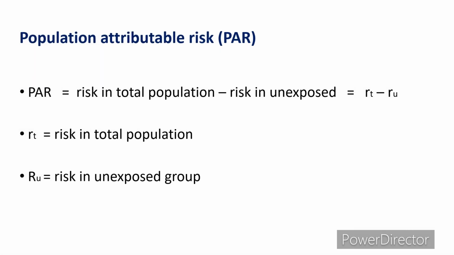So the population attributable risk formula is the risk in total population minus risk in unexposed, that is RT minus RU, whereas in normal attributable risk it is RE minus RU, risk in exposed minus risk in unexposed.